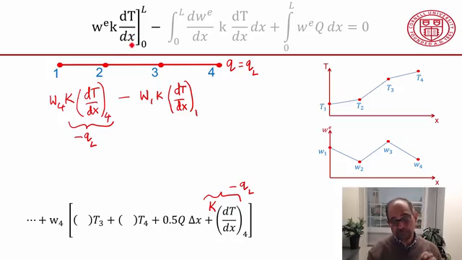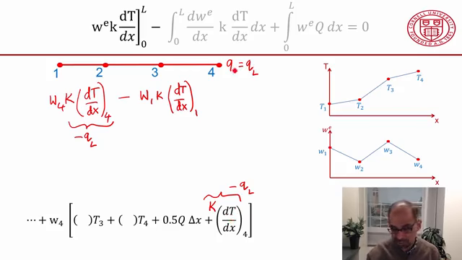This means that because the gradient at the boundaries appears naturally in the weak form, when you have gradient boundary conditions like heat flux, or when we go into structural mechanics, the gradient boundary condition is the traction or the force, they get naturally incorporated into the algebraic equations.